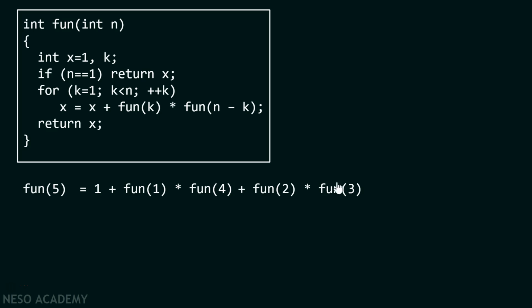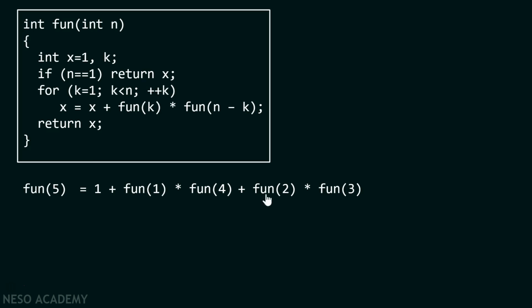Now this is the current value of x. In the third iteration, k will become 3 and n minus k will become 2 because 5 minus 3 is 2. I have to add this statement to the previous value of x, which is 1 plus fun1 into fun4 plus fun2 into fun3.